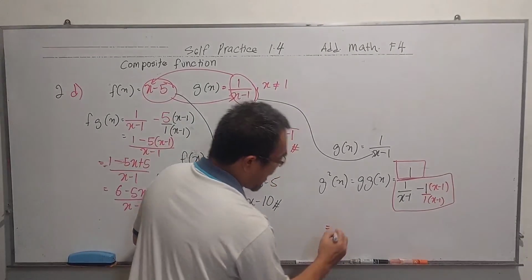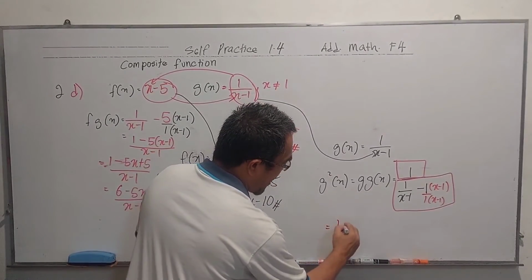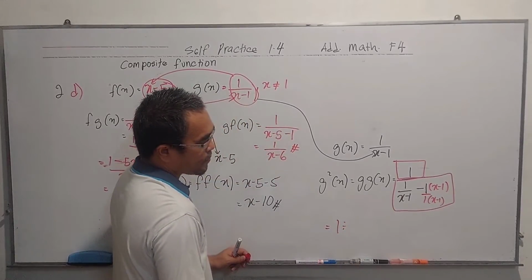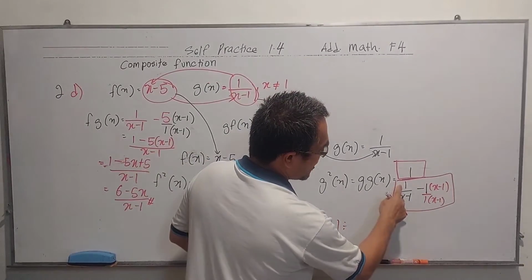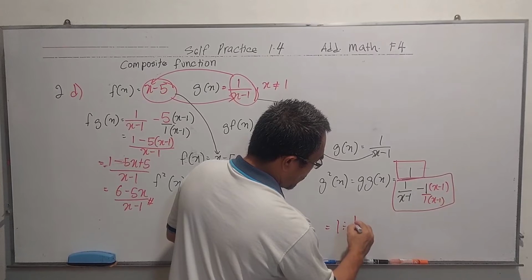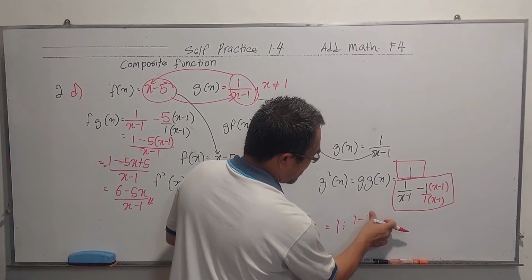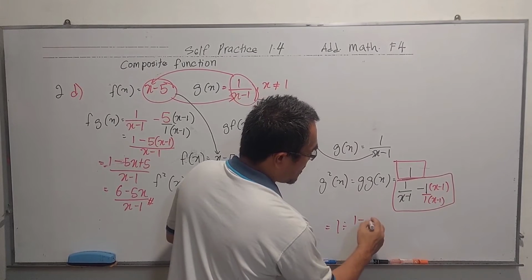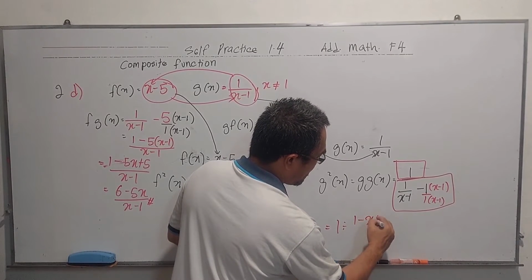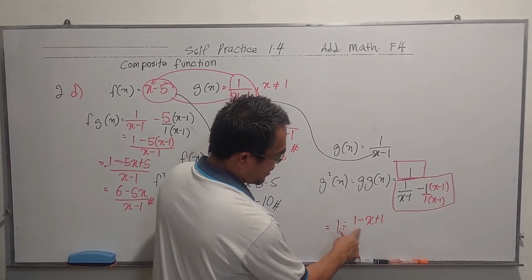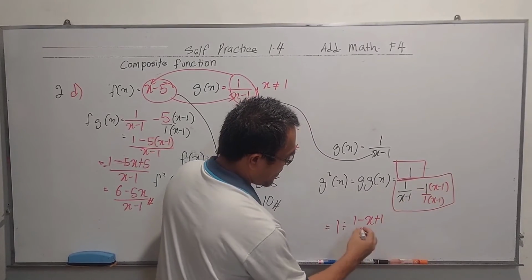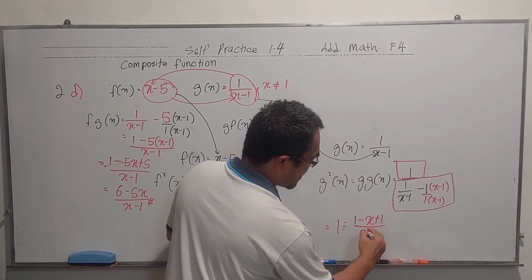So I'm going to rewrite it here. So it becomes 1 divided by, here is 1 minus 1. 1 minus 1, negative 1 times x would be minus x plus 1. Okay, so this one is just this part, over x minus 1.